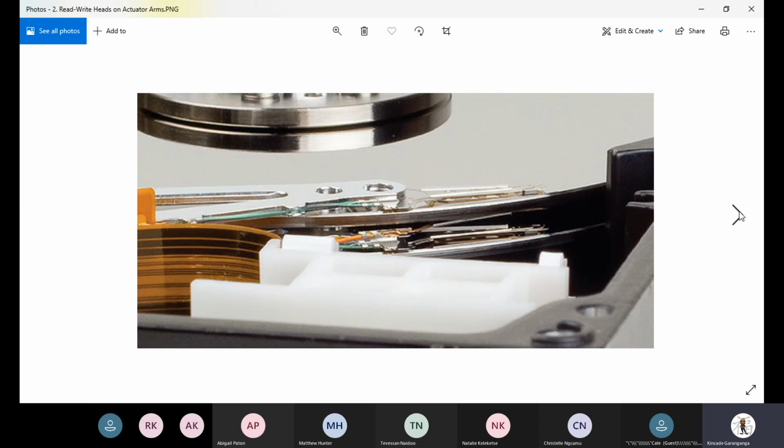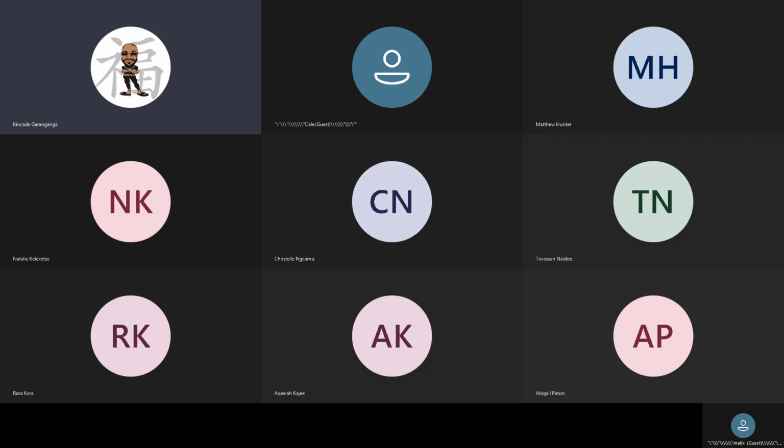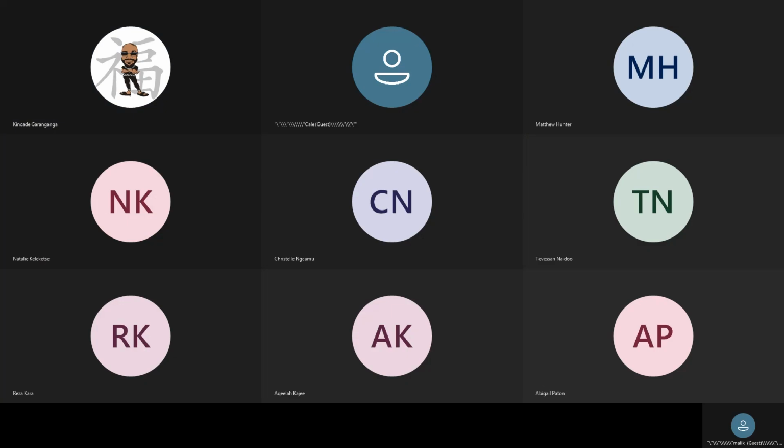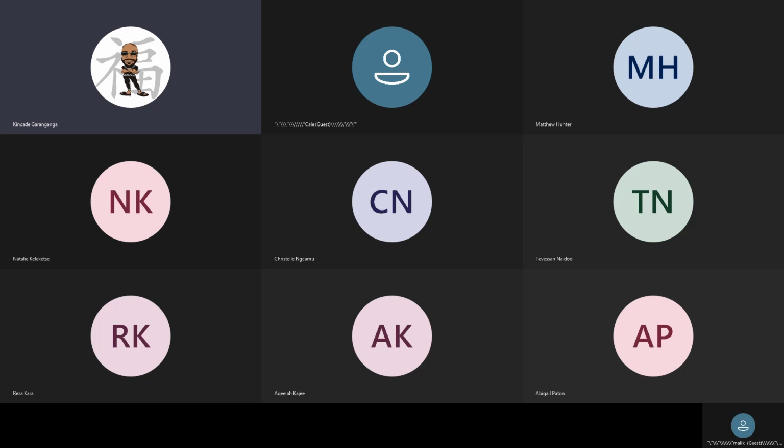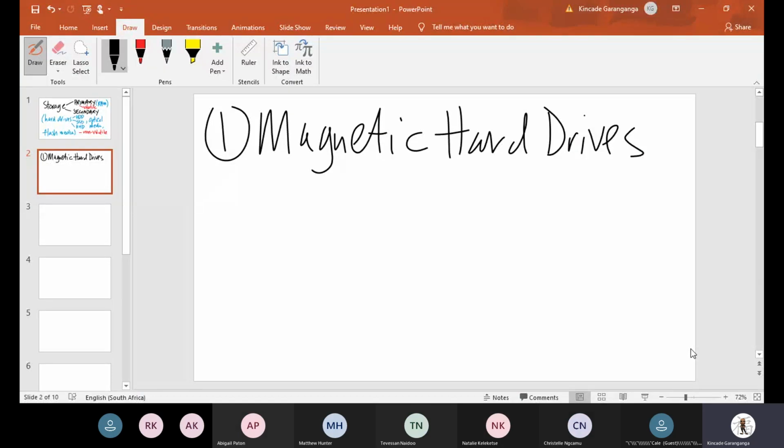So these traditional drives would also come with different form factors. If we go back to our PowerPoint slides. With the magnetic drives, we've just mentioned the whole concept of spindle speed or rotational speed.